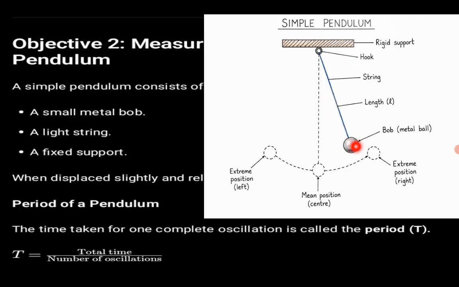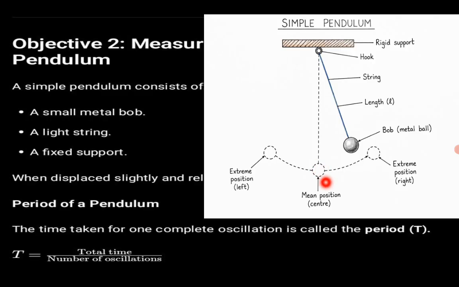So it has a mass, which is called a bob, B-O-B, attached to a string, which is attached to a rigid support, so that when you set this up, initially the string and the mass are going to be vertical along this passage.